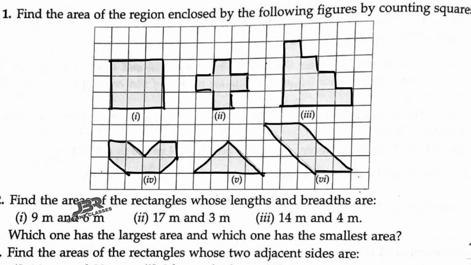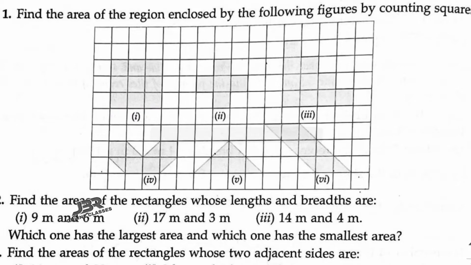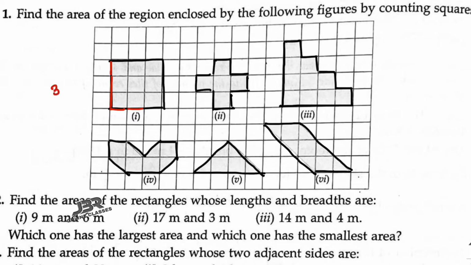That means here 1 unit, 1 unit, 1 unit, so total 3 units. Here also 1 unit, 1 unit, 1 unit, 3 units. So the area of this is 3 into 3, that equals 9 square units. 9 square units is the first answer.